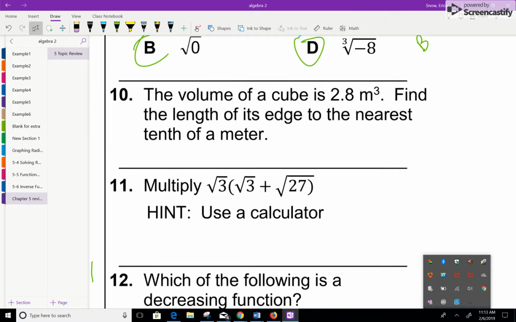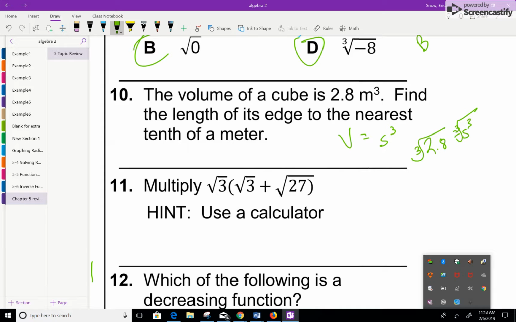This is the volume of a cube. You just need to know that the volume is your side length cubed, right? Now they've told us that the volume is 2.8. So 2.8 equals our side length cubed.